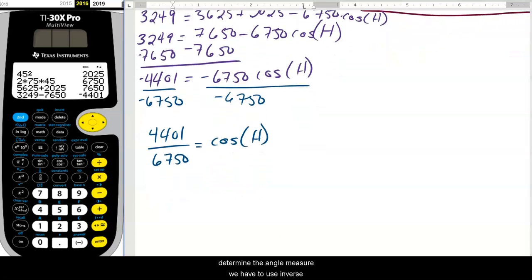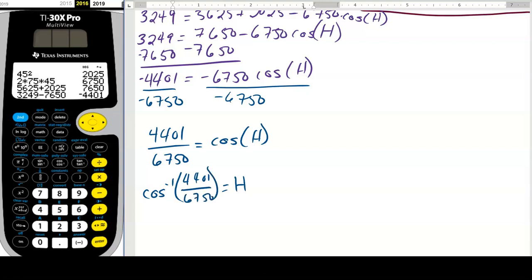Since we are finding an angle measure, we have to use the inverse of our function. So H will equal the inverse of cosine, and then we're just going to put our fraction: 4,401 over 6,750. And we can type that into our calculator.